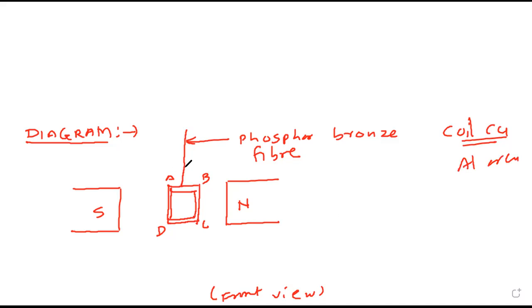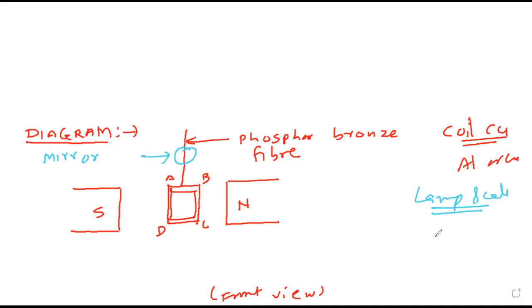It is suspended with the help of a phosphor bronze fiber between the strong magnetic field produced by a horseshoe magnet N S. The deflection produced in the coil is measured with the help of a mirror and lamp scale arrangement. The lamp scale arrangement is not shown in the figure.